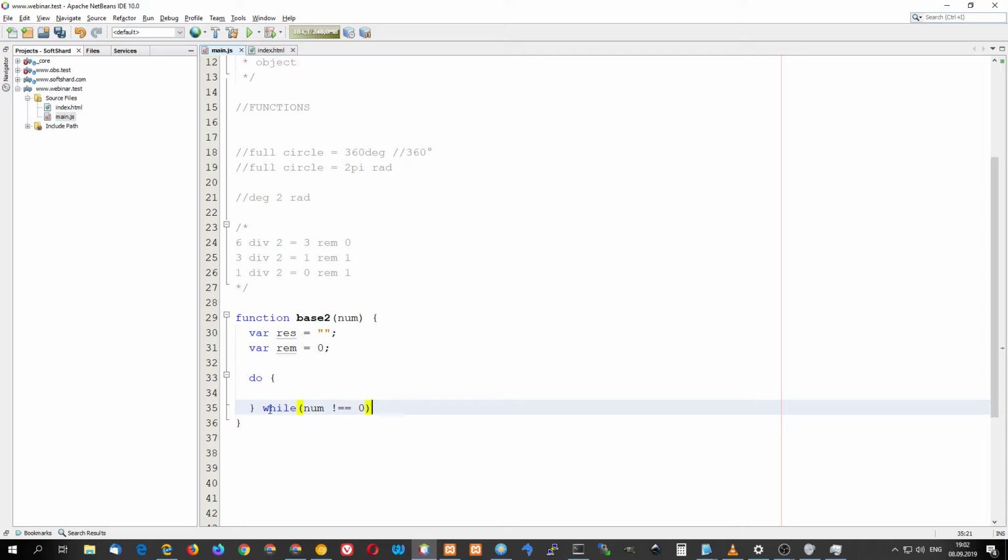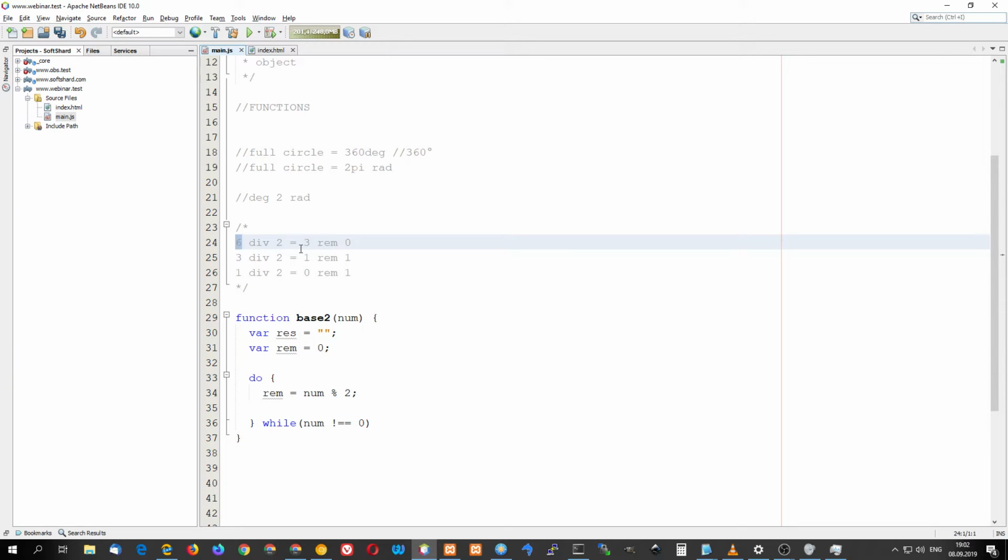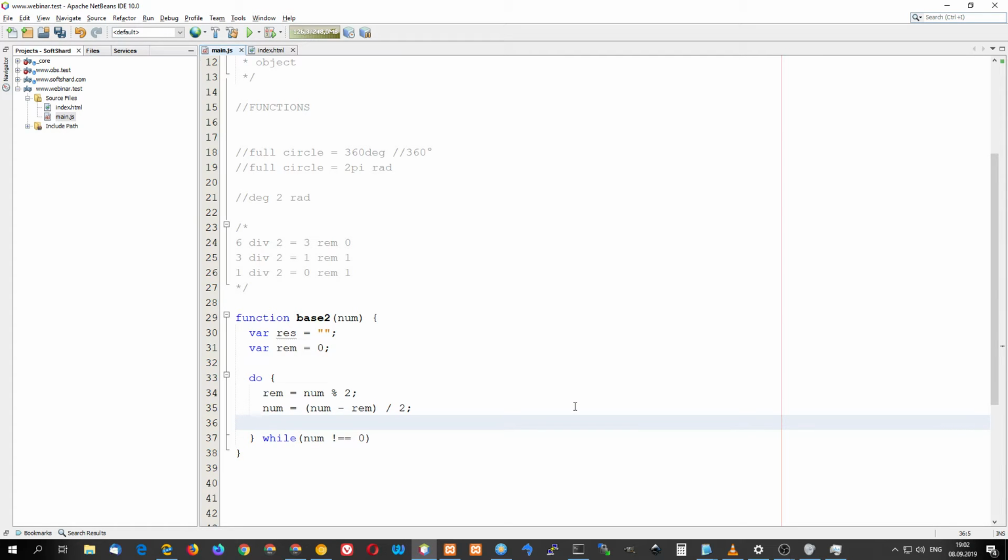So until it's 0, we're going to say remainder is number remainder 2. We need to change the number to the result of the division, which means number becomes this, and we need to add the result.